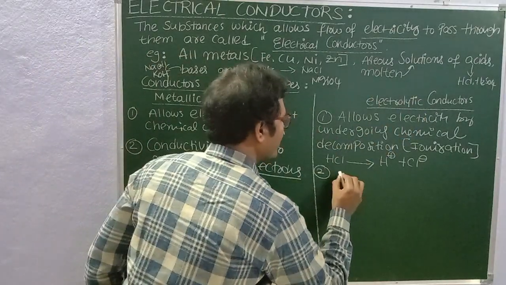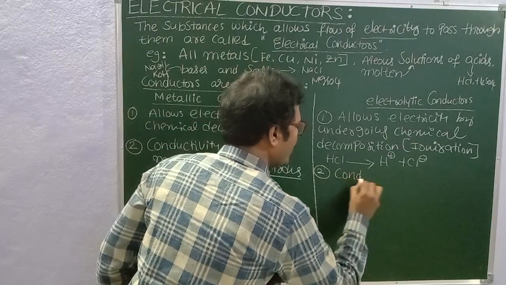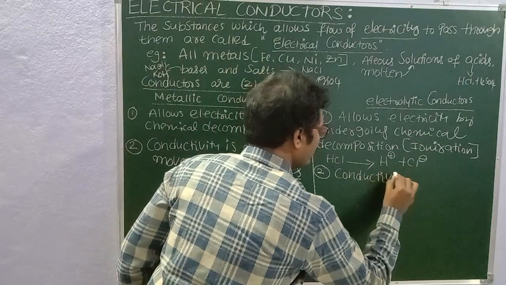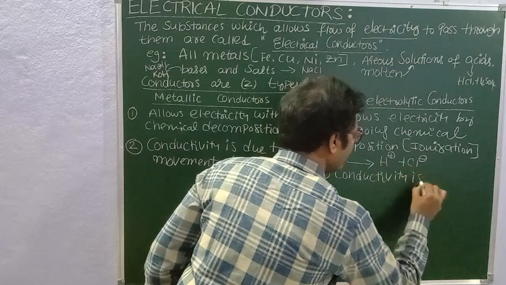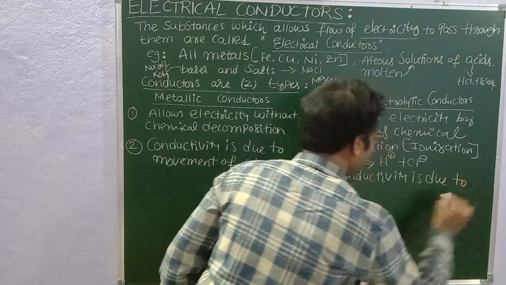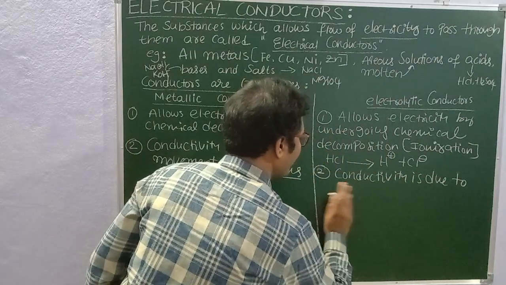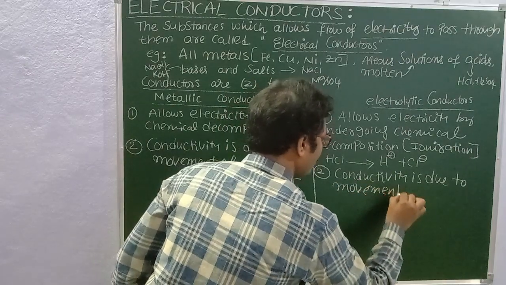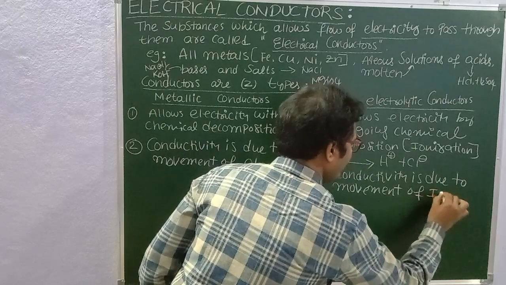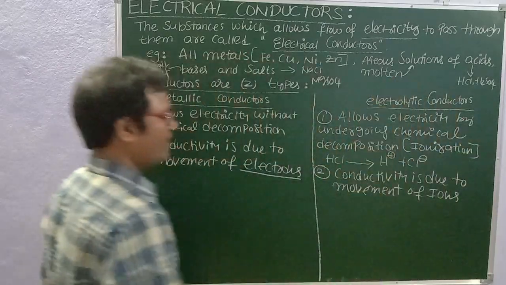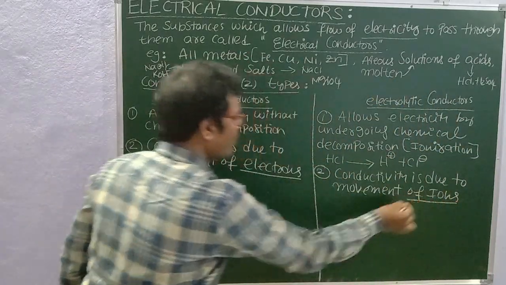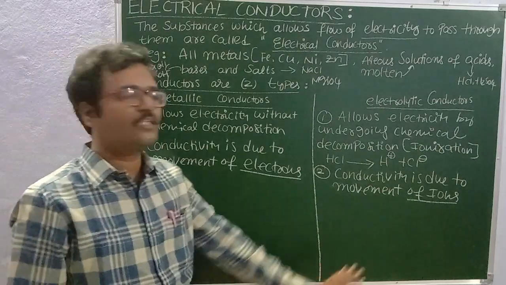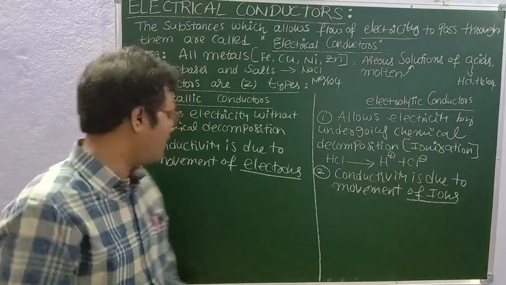In electrolytic conductors, the conductivity is due to movement of ions, like cation and anion. The movement of ions is responsible for conduction in electrolytic conductors.